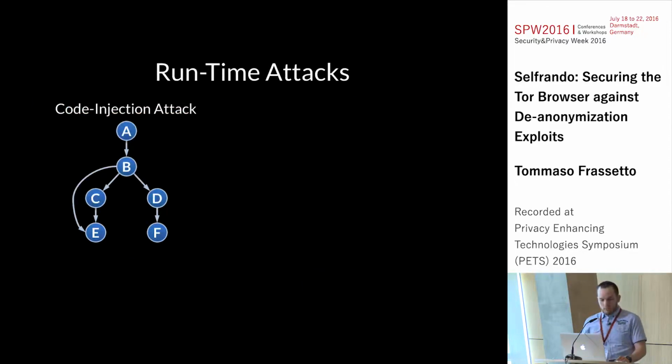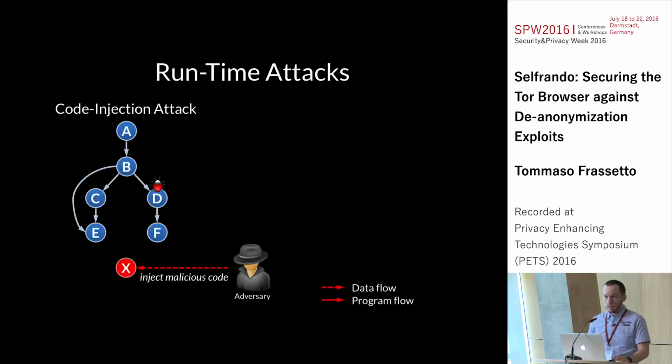This is a graph of the different blocks of an application. Let's assume one of these has a vulnerability. What the attacker can do is inject malicious code in the application memory, and then redirect the vulnerable code to that function, or to that code.